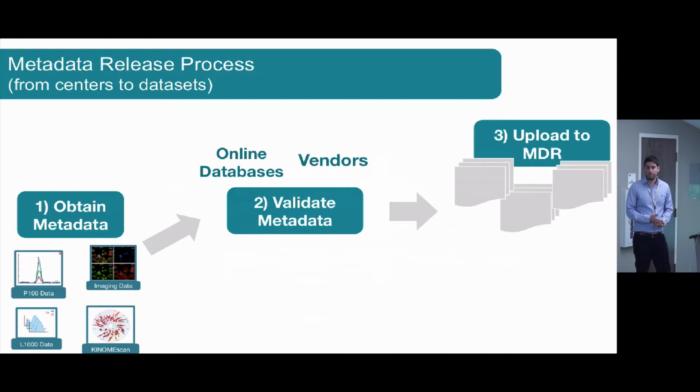Then we upload them to our database, our metadata registry, and that's where we store all our metadata. And then we can create packages out of these datasets. These datasets have both metadata and the real data also. So it's very easy for a user to just open the folder and see what reagents were used and the results of the experiment. And I think this is my last slide.